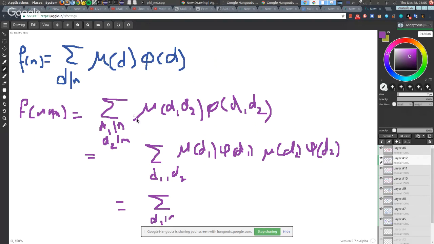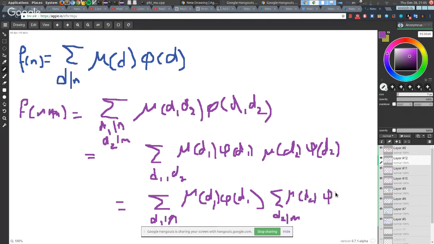So we just separate the two summations that we have here: mu of b1 times phi of b1, and mu of b2 times phi of b2. So all of this is equal to f of n times f of m. Okay, so here we proved that it's a multiplicative function.